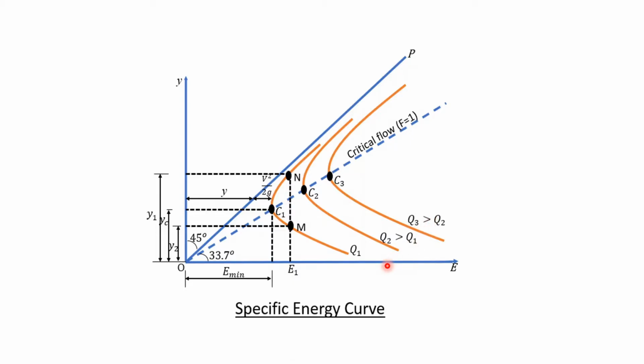It can also be seen from the curve that as y varies from a lower value to a higher value, here y is increasing, the specific energy first decreases, attaining a minimum value at a certain depth, then increases with the depth till it is asymptotic to the potential energy line OP, which means this curve and this line will never meet. It can also be seen that the curve is asymptotic to the E-axis also.